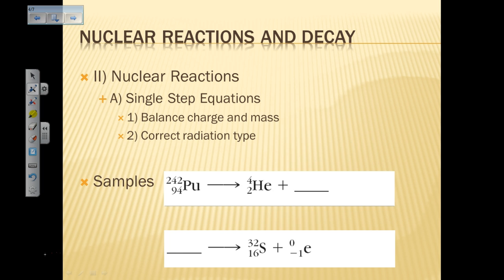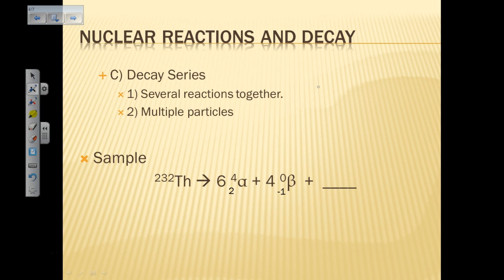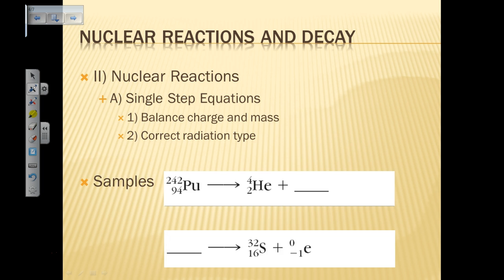And so emission reactions, the word emission, emit, means that you're going to find these things as a product, okay?